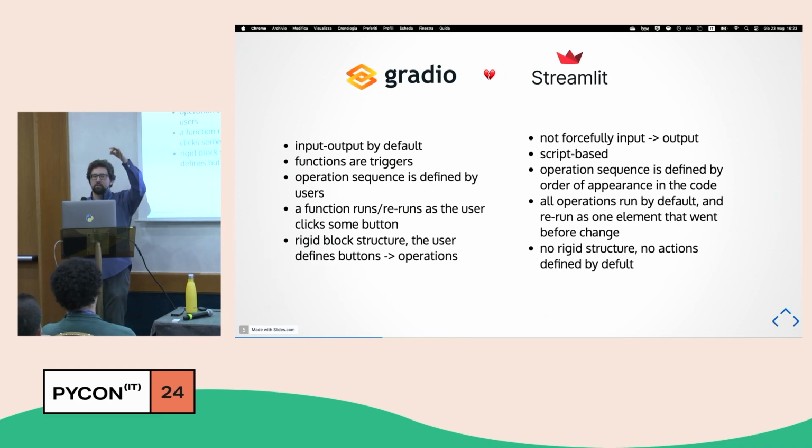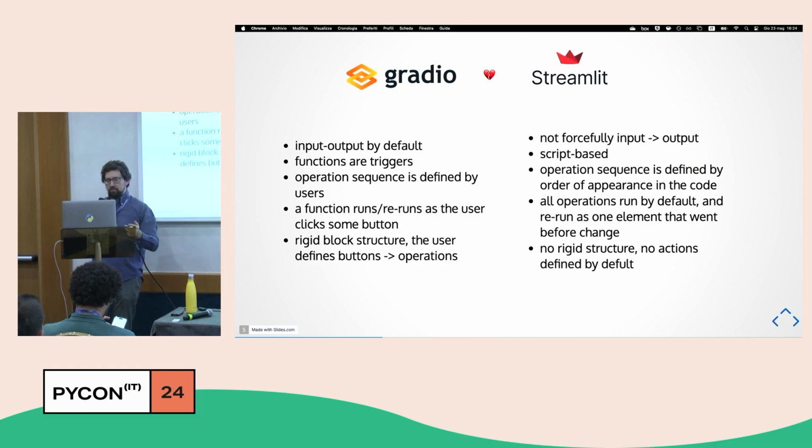So you just execute a script in sequence. As a consequence, on Gradio the operation sequence is defined by the user. So you can place your button wherever you like, but it does the very same function that you defined. While on Streamlit, by default, again, the operation sequence is from the top to the bottom of the page you're creating.